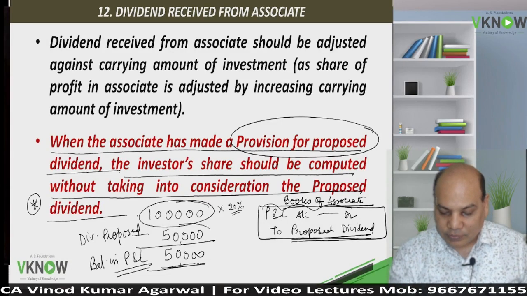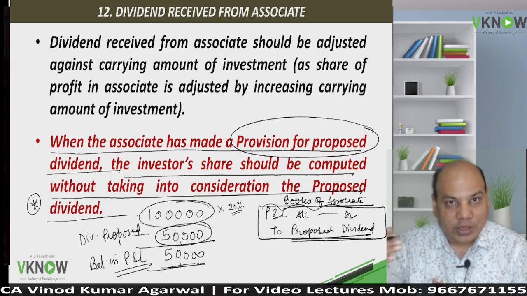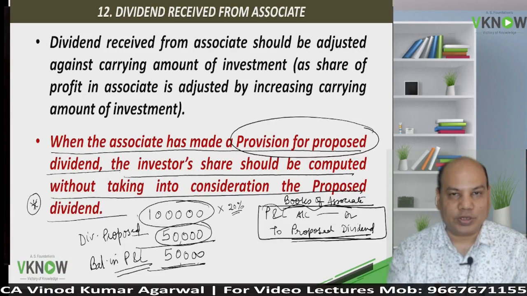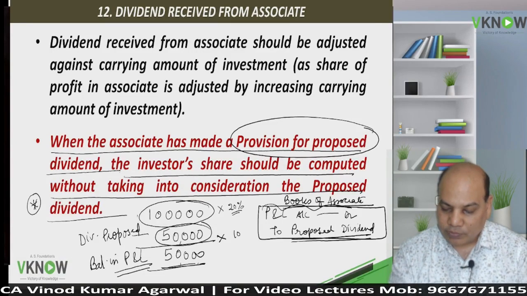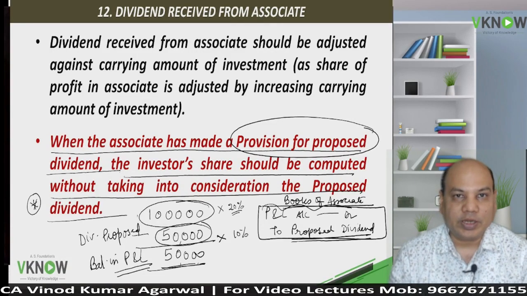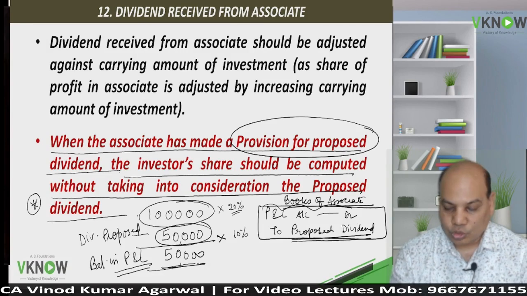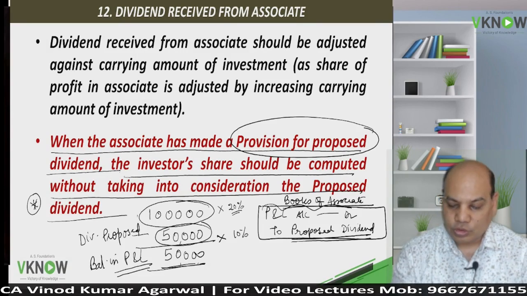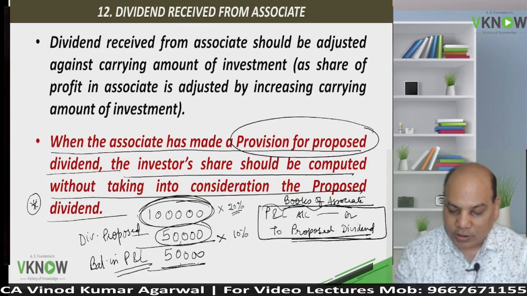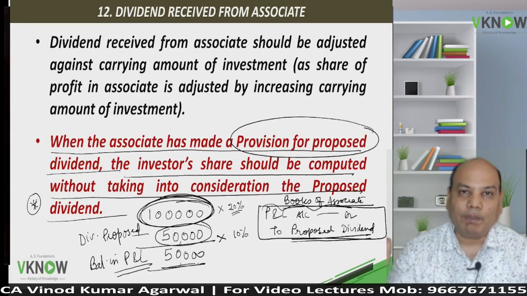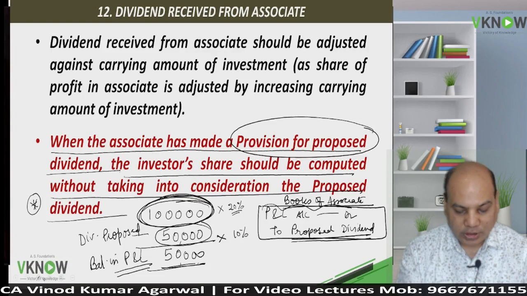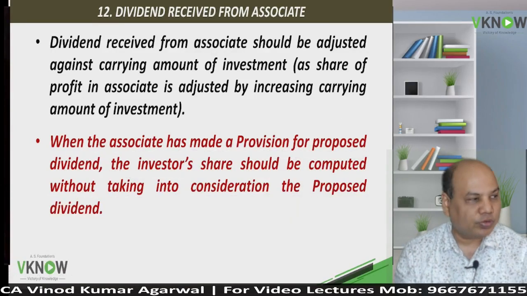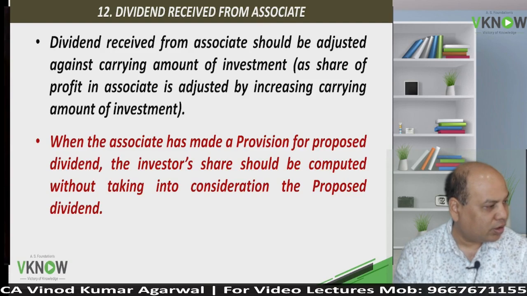And next year, or whenever the dividend will be paid by the associate and received by the investor, we are going to reduce the carrying amount of the investment by 20% of 50,000. So only for proposed dividend, do not adjust the carrying amount. Take the profit figure of the associate before making provision for proposed dividend, because the dividend has not yet been paid, so their net asset has not yet been reduced.